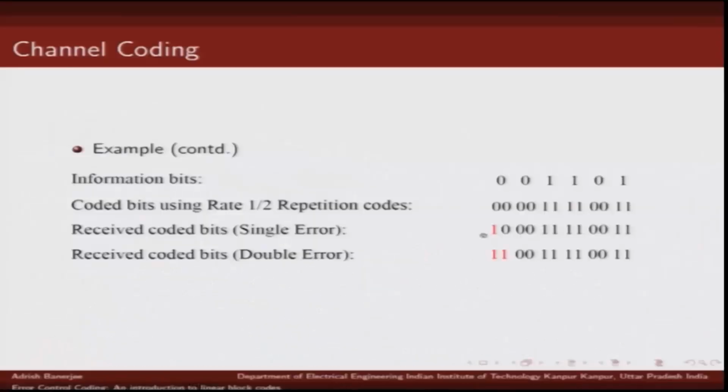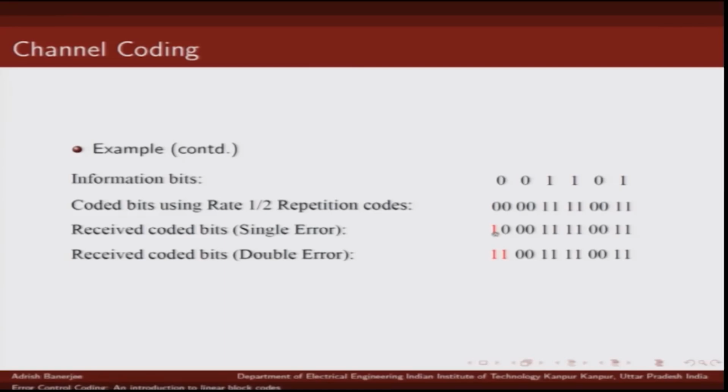Let us look at the example when we had a single error. Note here that what we received was 1 0. We were able to detect that there was an error, but can we correct it? No, we cannot. Why? It is equally likely that this 1 that we received was 0, or this 0 that we received was 1, if we are talking about a binary symmetric channel.